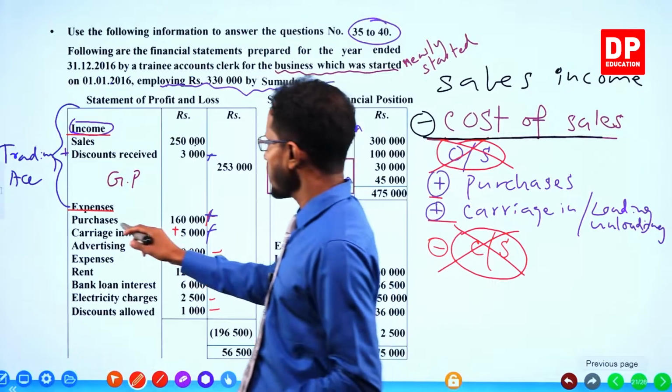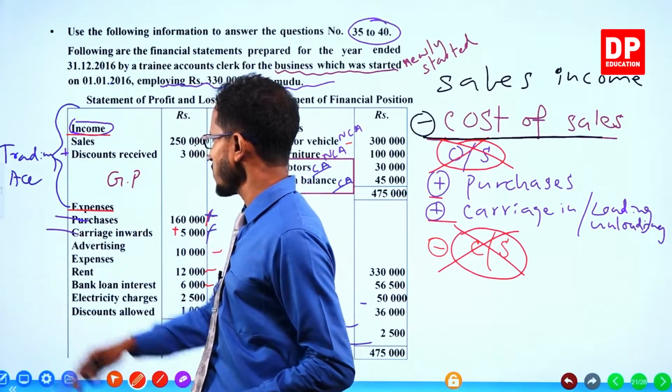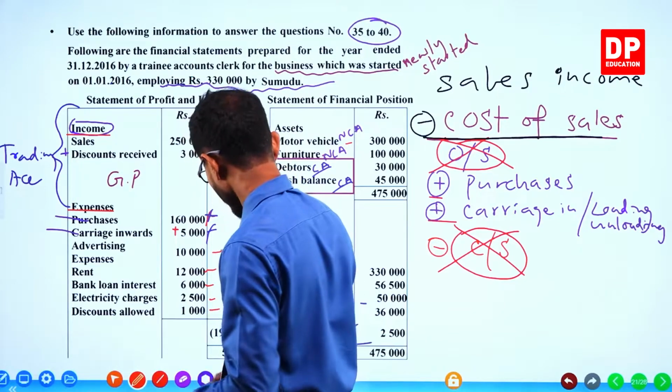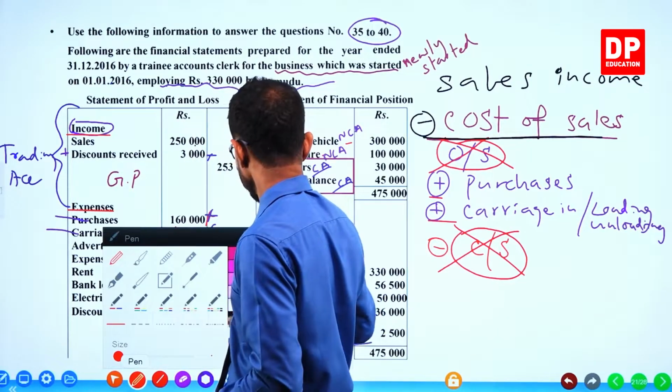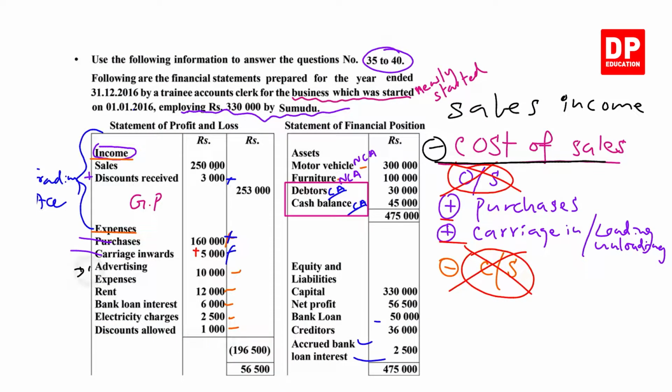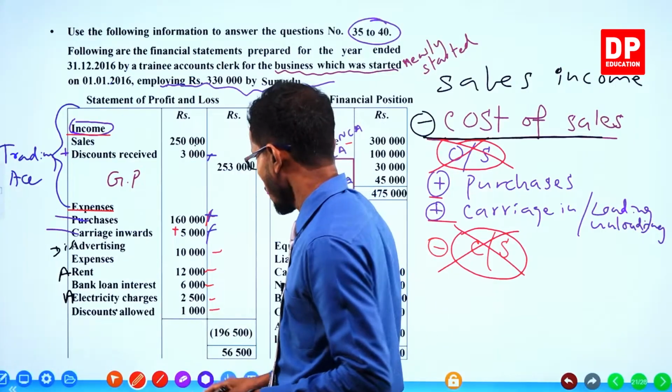Under expenses, purchases are not relevant, and carriage inwards we have already taken. Advertising is a distribution expense. Rent is an admin expense. Bank loan interest is a financial expense. Electricity is also admin. Discounts allowed is not admin, it's distribution.